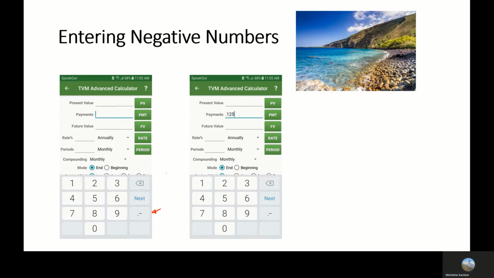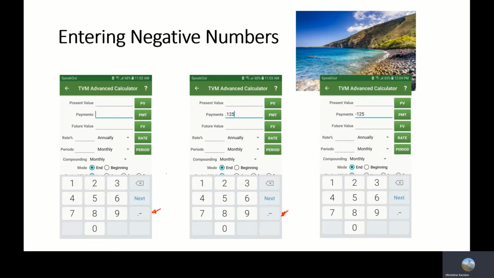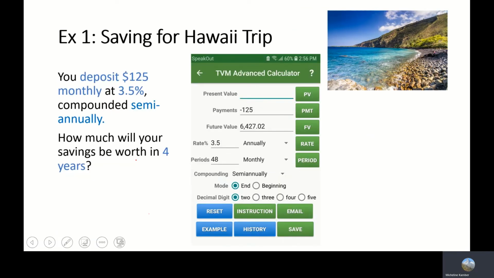So here I have decimal 125, but if I want it to be negative because it's money coming out of my pocket, you have to click a second time on that key, and that's how you'll get the negative. So just remember, to get the negative, you have to click twice on this key right here. And doing so, the rest of it is the same. You'll end up with the same number that we got on the web.